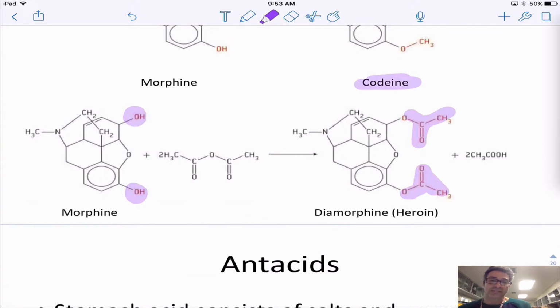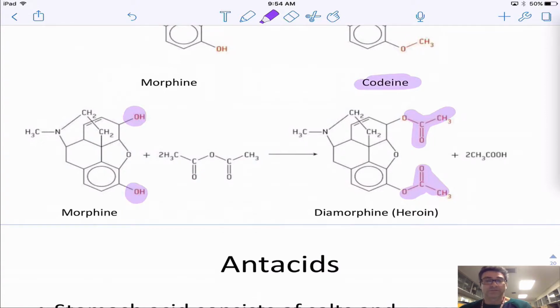Now, what's really scary is there's an epidemic of heroin usage and narcotic usage in our country, but they're starting to actually lace heroin and other narcotics with something called fentanyl. Fentanyl is about, I think, 100 times more powerful than heroin, and it could kill you very, very quickly.